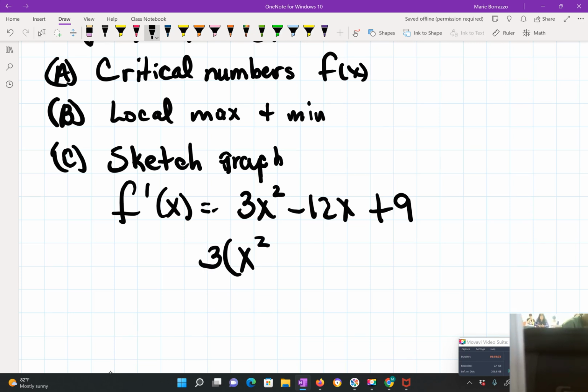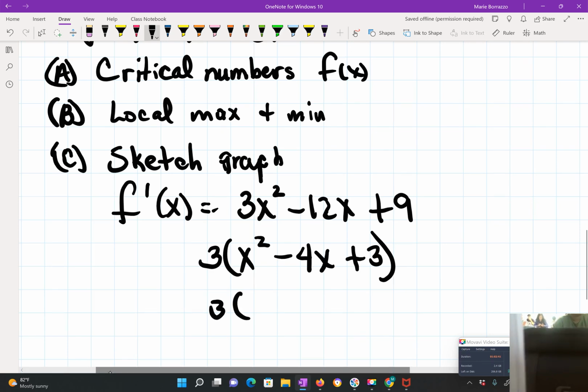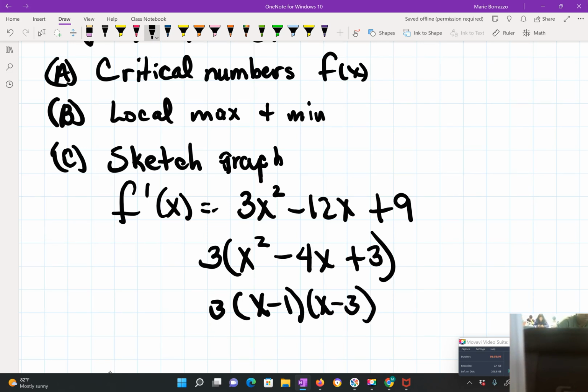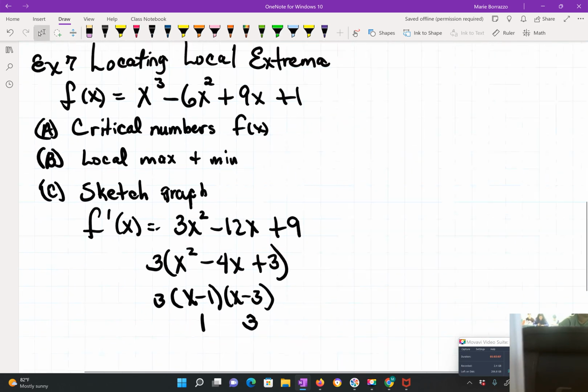That gives us x squared minus 4x plus 3, does it not? So that's telling me that this factor will be 3 times (x minus 1) times (x minus 3). So your critical numbers will be 1 and 3. These are the critical numbers for your original function. So that's where we start.